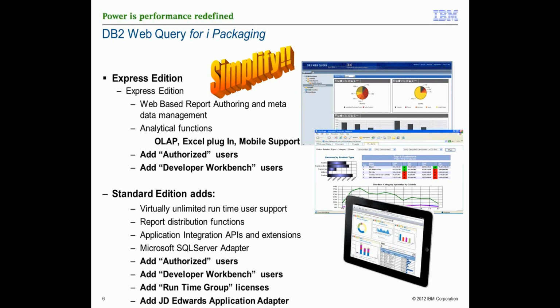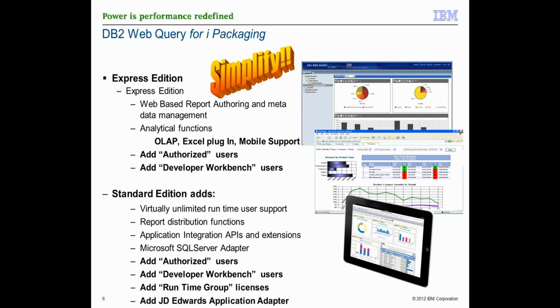Now, if you need more capability than that, then we have the standard edition, and that includes everything in Express edition and a lot more goodies. So virtually unlimited runtime user support. This means that you can essentially put people in a group profile, and you can license that group profile. And anyone in that group profile now has access to run DB2 Web Query reports.